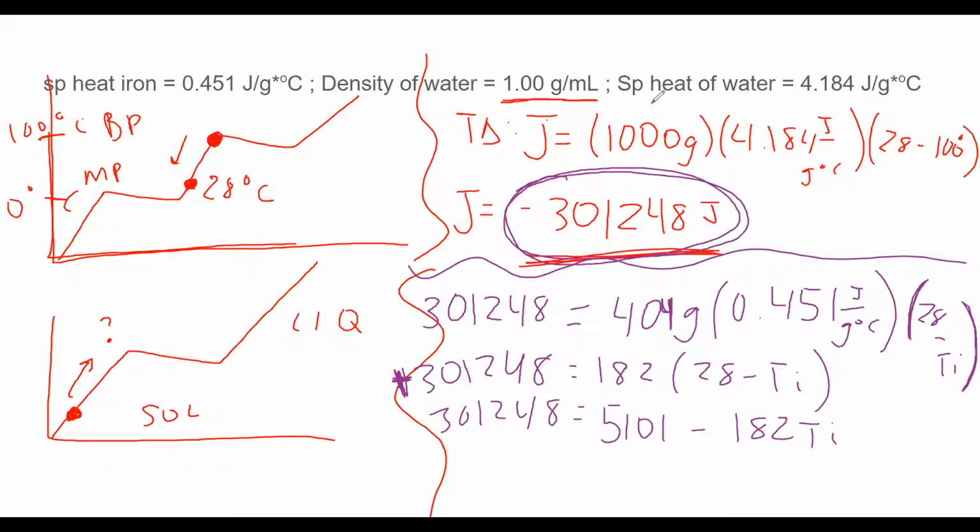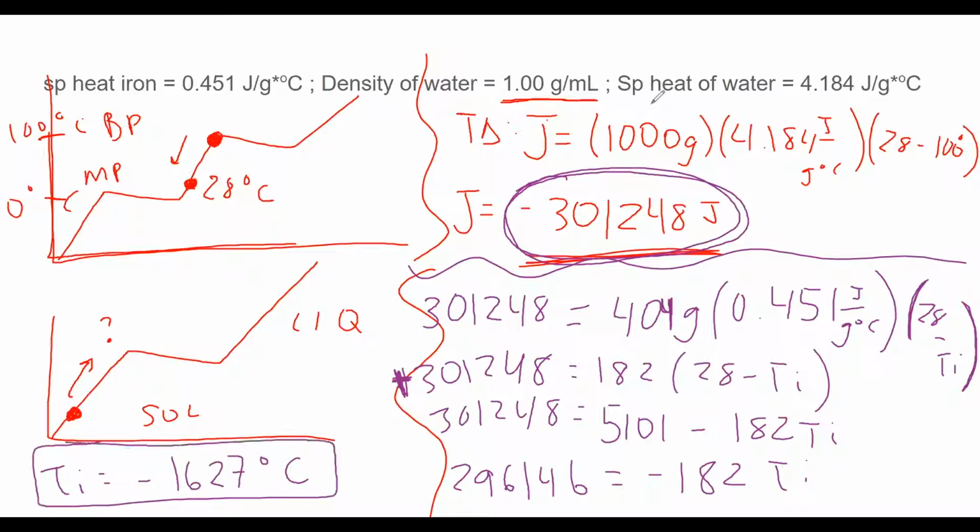Okay, so now we're going to subtract 301,248, and we should get 296,146 equal to negative 182 times TI. TI of the iron is going to be divided by 182, going to be negative 162.7 degrees Celsius. That's some cold-blooded iron.